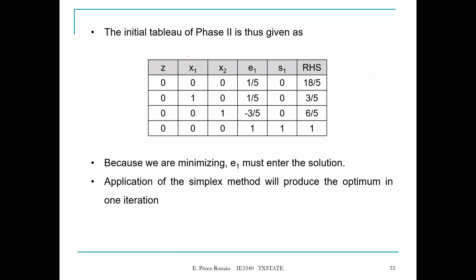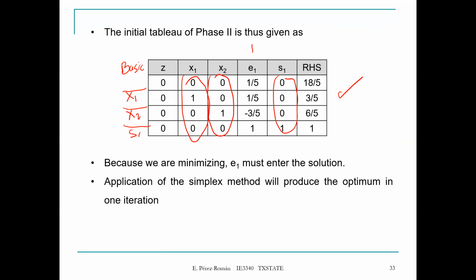So after performing those operations, the initial tableau of phase 2 is this one. Again, our basics are X1, X2, and S1, and you can see that now those columns are 0s and 1s. So those are our basic variables for our initial solution. Because we are minimizing, E1 must enter the solution, right?